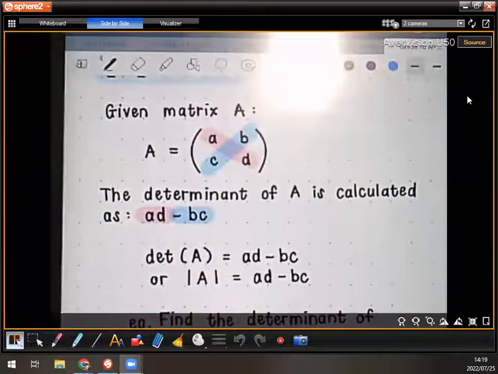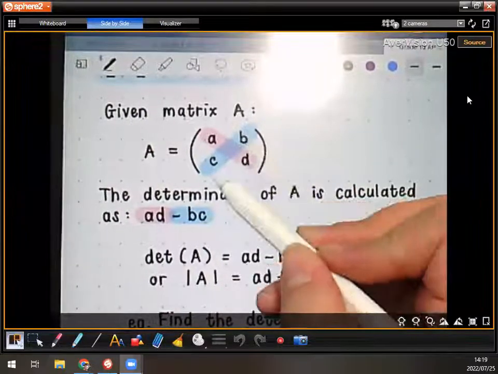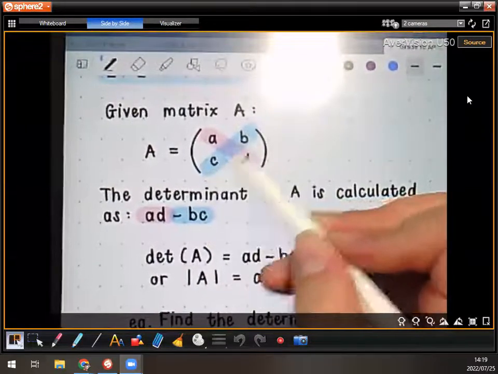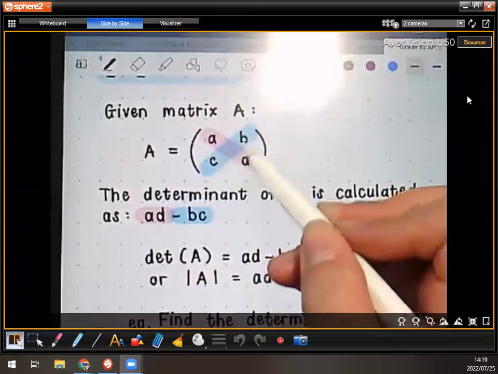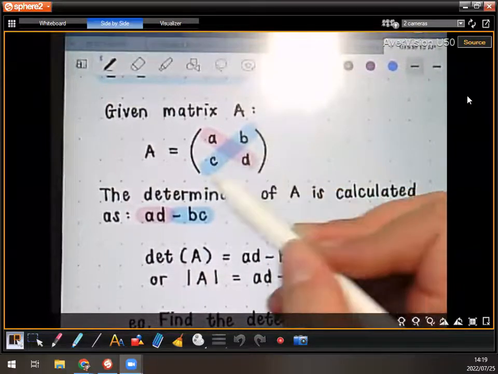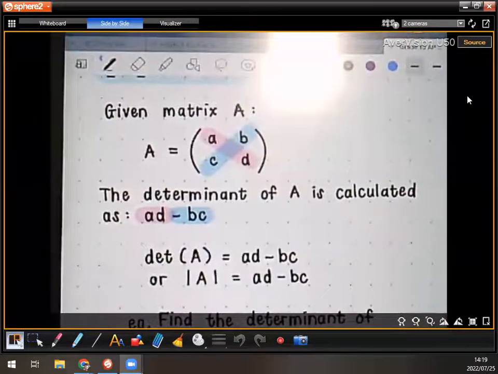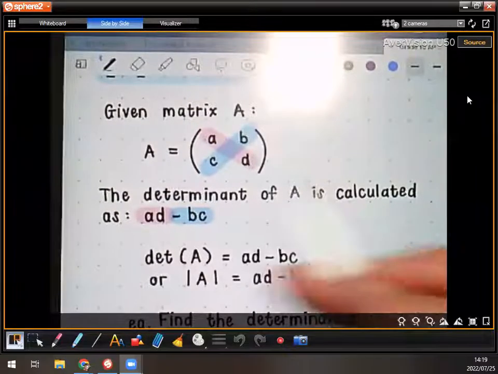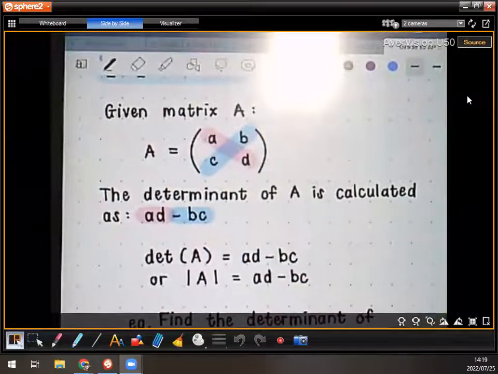Then you're going to subtract the product of those two elements, B and C in this case. But obviously they're going to be numbers. Again, if this product is negative, you're going to subtract the negative number, which is the same as adding a number. We'll see that now. So that is what you are always going to do to find the determinant of a 2 by 2 matrix: that product minus this product.